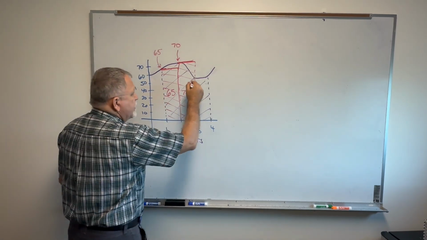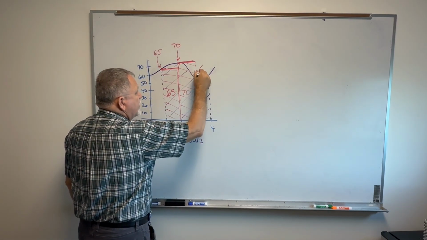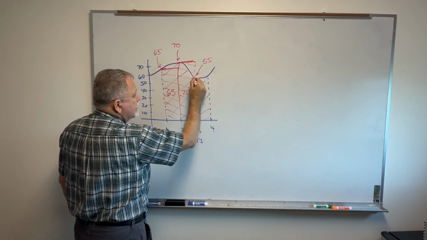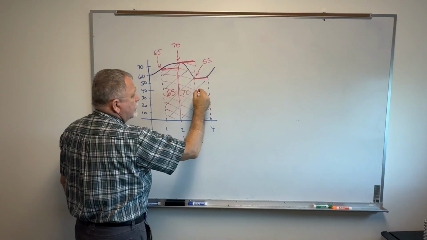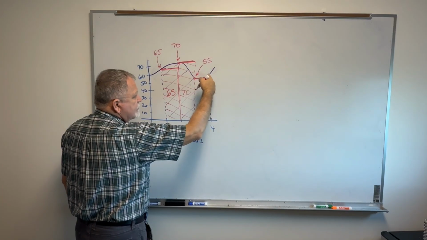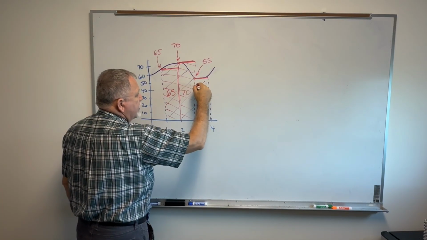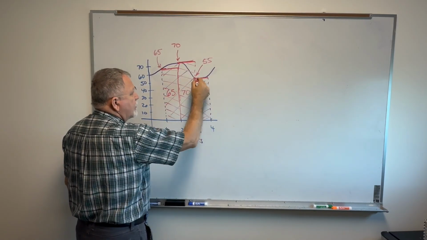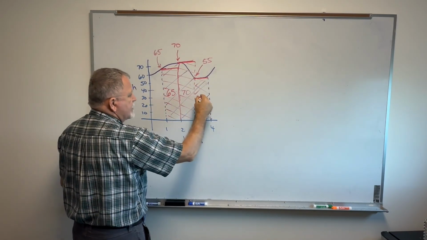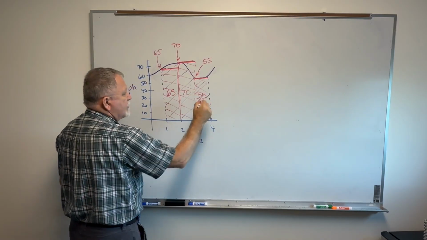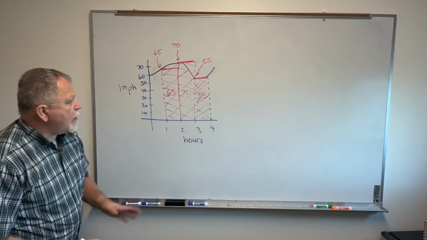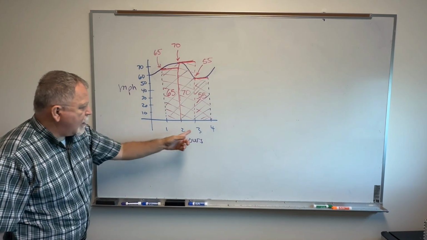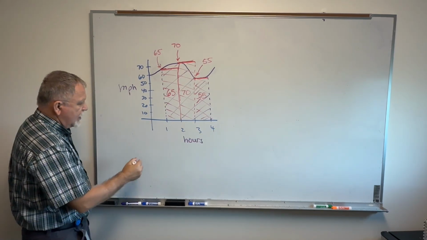Now we go up here and say that this value right there was 55. And it looks like 55 for most of the way, the whole way. So again, I can go here, 1 hour, 55 miles an hour, and estimate I did 55 miles. Now, if I want to get an overall estimate for that trip between 1 hour and 4 hours, I can add those up.